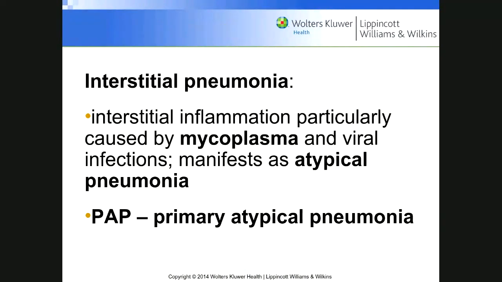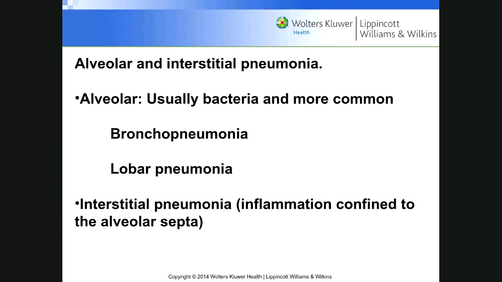Okay. Interstitial pneumonia, where I talk about the atypical one, is often associated with primary atypical pneumonia, Mycoplasma, a nice small organism. So here, the interstitial is in the septa, atypical.